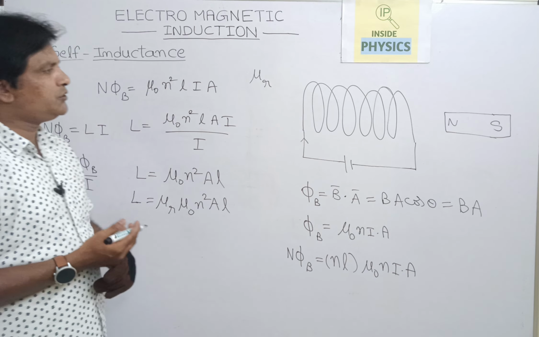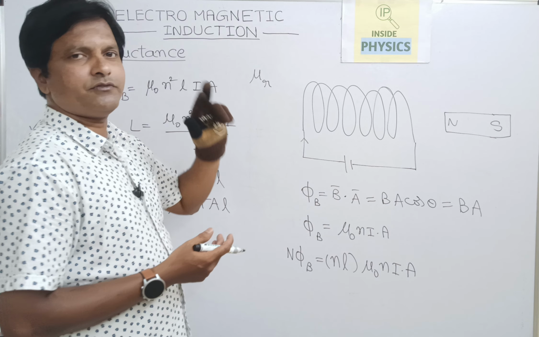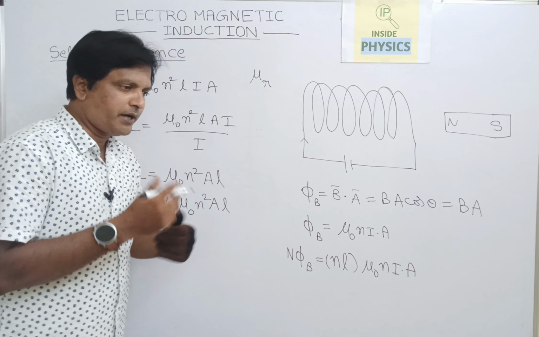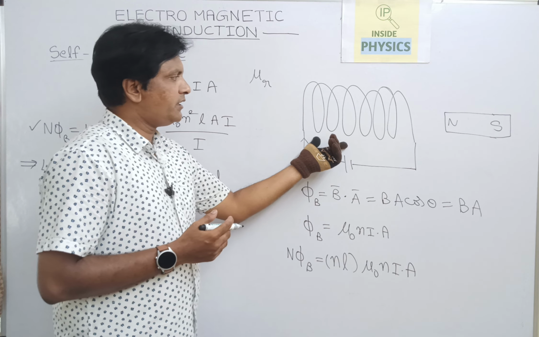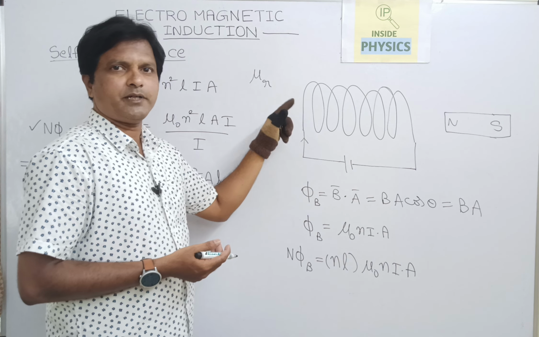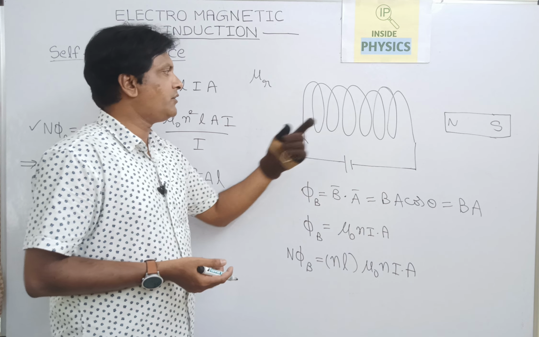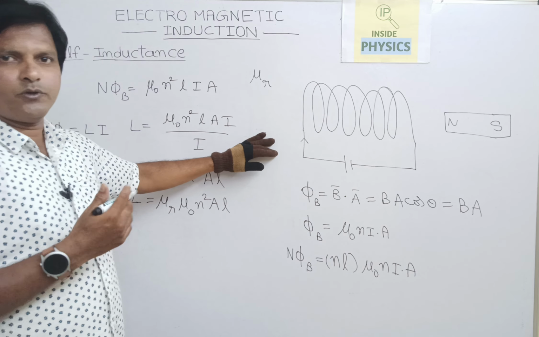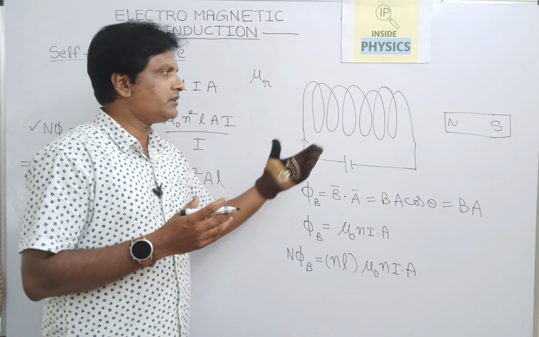Now this self induced EMF is also called back EMF. Back EMF is induced because of the variation of magnetic flux, because of the variation of current in the solenoid, and it opposes the decay or growth of current in the solenoid.